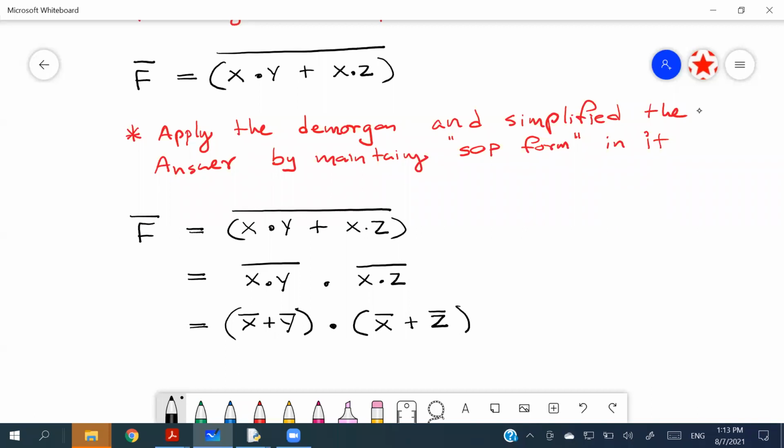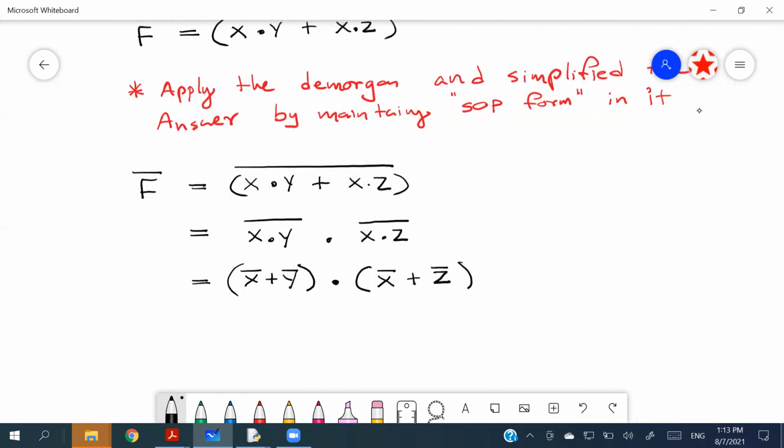Right? So I had said simplify the answer by maintaining SOP form. So this is not in SOP form. This is a POS form. So I'm going to apply the distributive law. So it's going to give me x bar dot x bar plus x bar dot z bar plus y bar dot x bar plus y bar dot z bar.